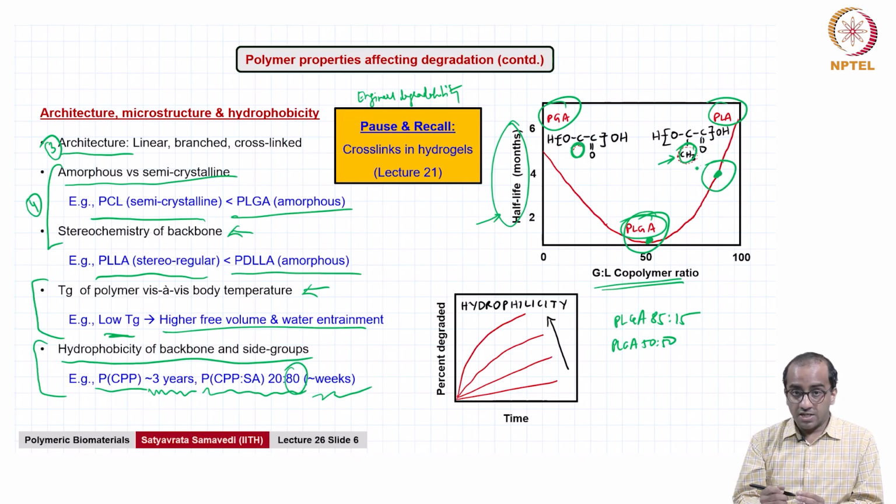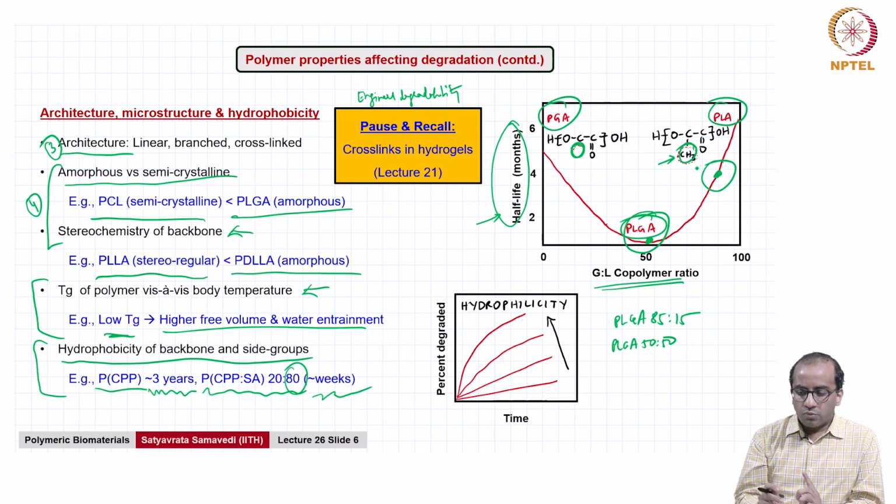PLGA, we have seen, is an important polymer in commercial use in many applications. One particular application we have seen is its use as a carrier for dexamethasone in the form of an injectable implant to treat inflammation in diabetic retinopathy, right?